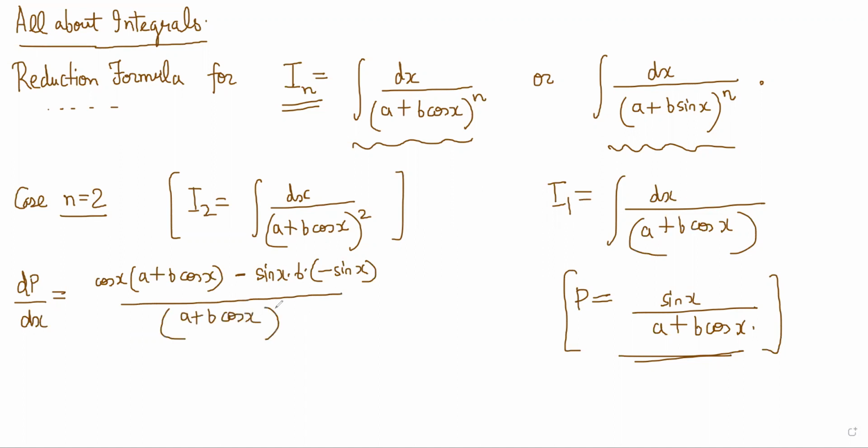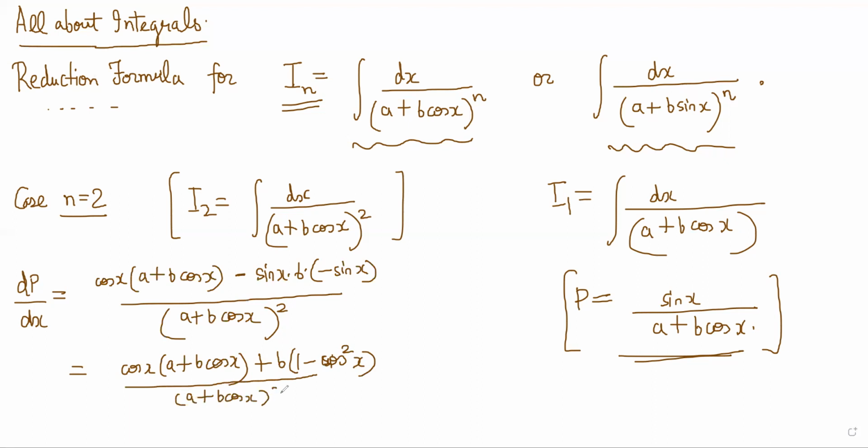So this expression now becomes cos x into (a plus b cos x) plus b sin square x, where b into sin square x can be written as b into (1 minus cos square x), divided by (a plus b cos x) whole square. Correct, this is the expression.